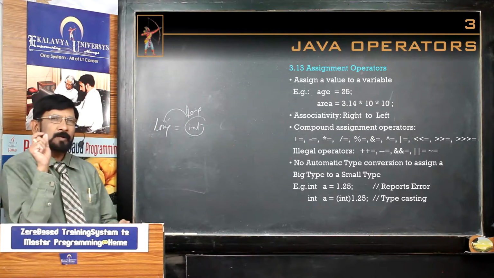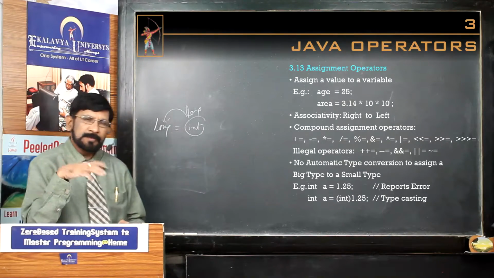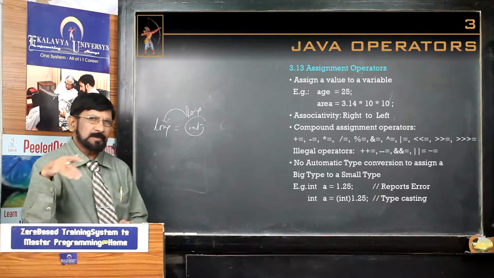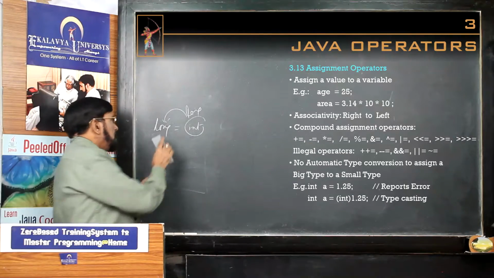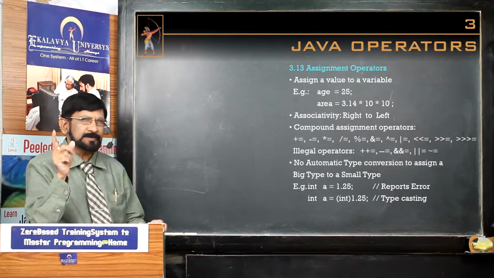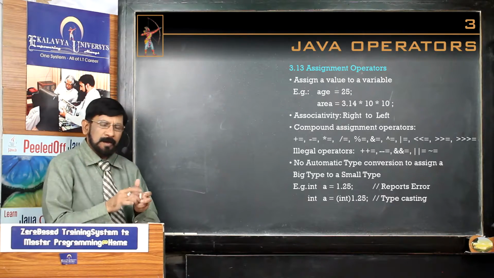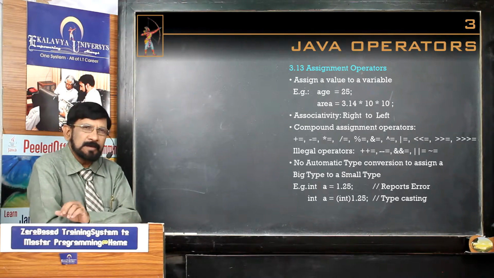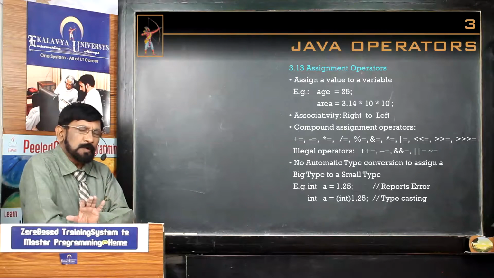This is called automatic type conversion. This concept we are going to discuss as the last concept of this chapter. And in this context, practically you have to understand. If you don't understand that, you may commit a mistake in the program.